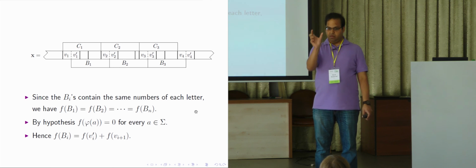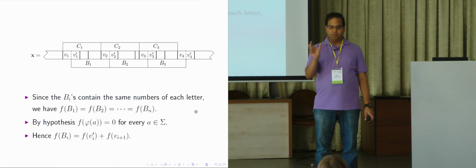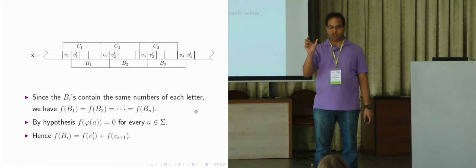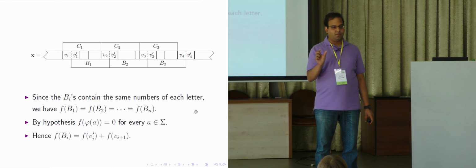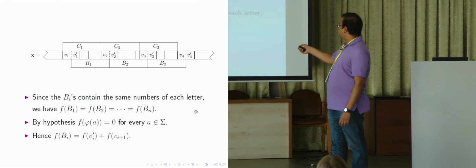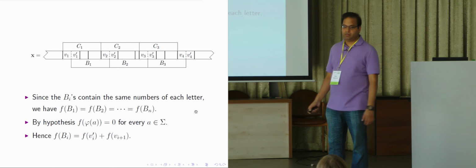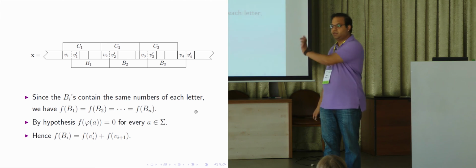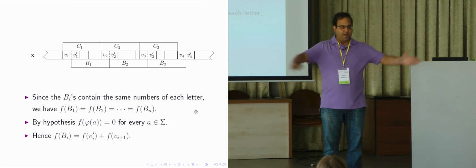Now the weights of the images of the morphism, those were all 0. Right? That was part of the condition of the weight function. The weights of those images have to all be 0. So you can see that anything in the middle of B1 that is just complete blocks of the morphism, all of that has weight 0.